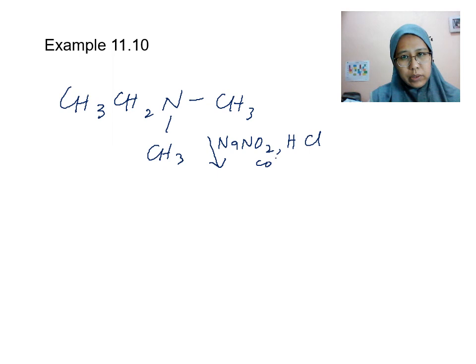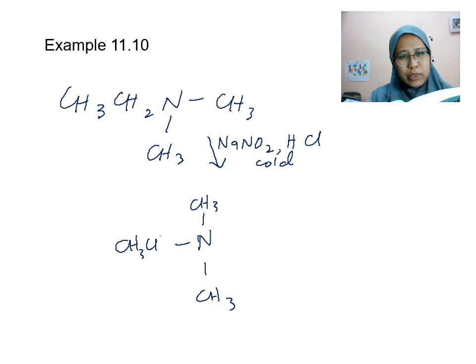Okay, cold. We have to add cold over there. We're going to get N, attach all the R to our poor N over here. So many things attached to you. And then this N is going to have H plus Cl minus attached to it.